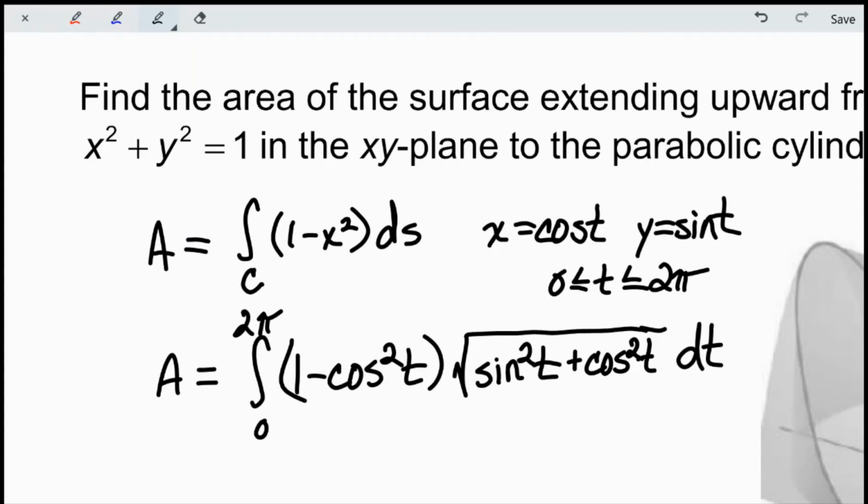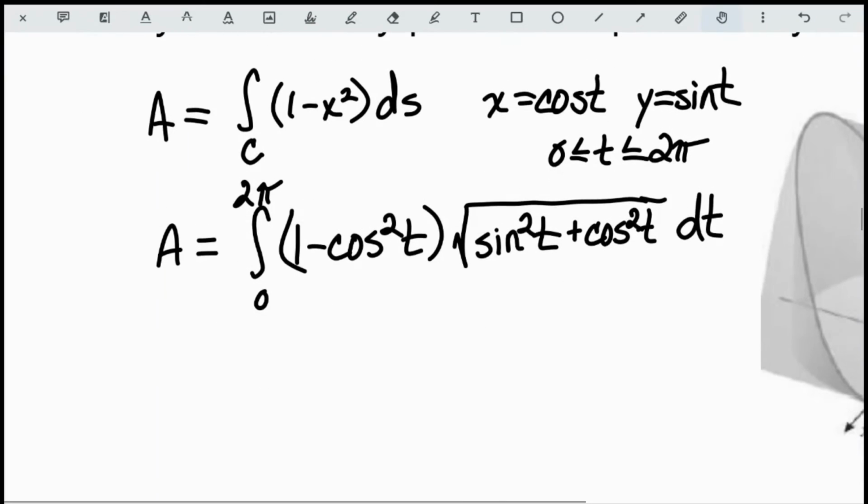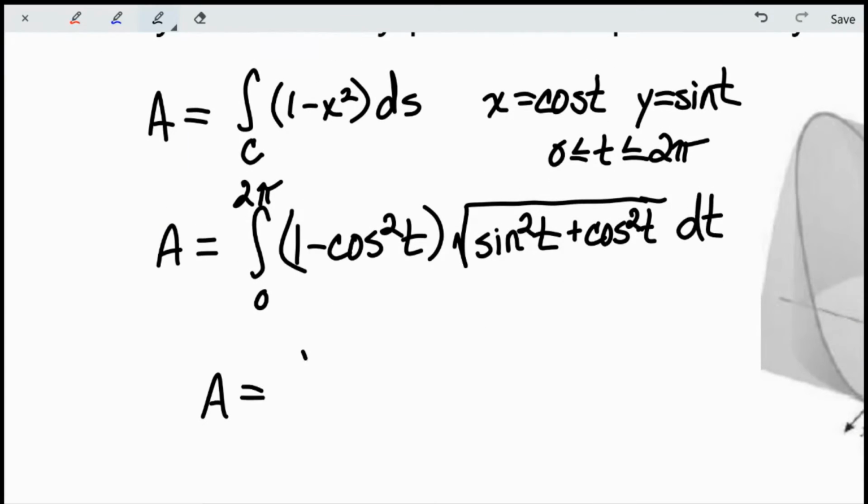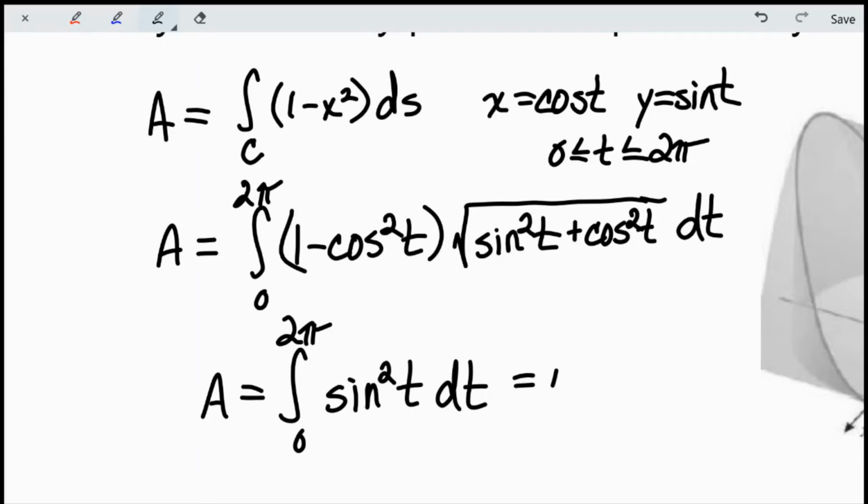Okay, so in the end, when I solve this out, I'm going to end up with my area being equal to the integral from 0 to 2 pi. Obviously, what's inside the square root there, again, is a 1. So we have sine squared t dt. And then when we integrate that all out, we can end up with pi.